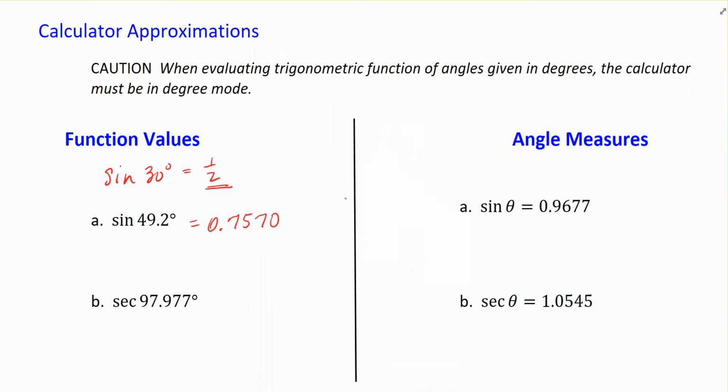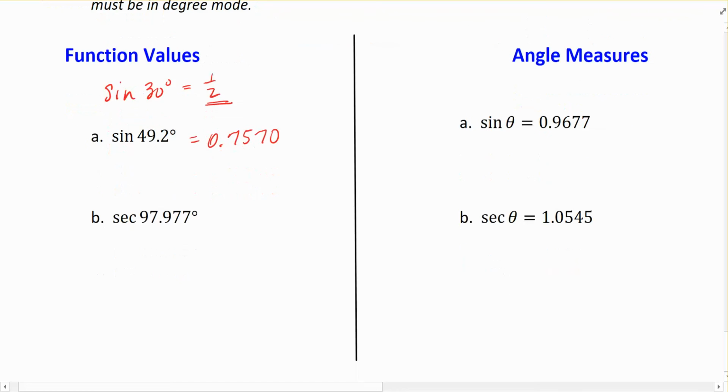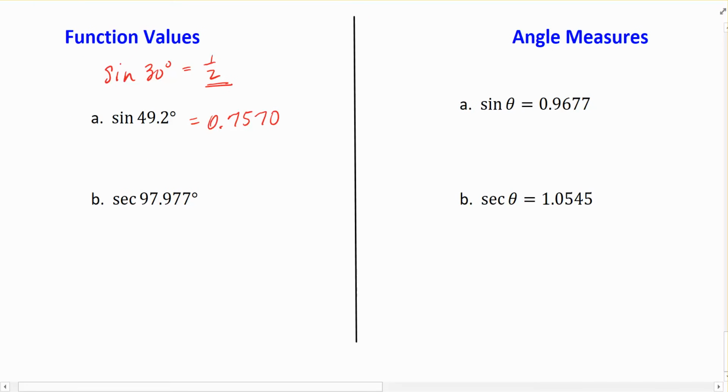Well, this is where we're going to use our reciprocal identities that we've been talking about. So we know that secant and cosine are reciprocals of each other, right? We have an identity that says that the secant of theta is equal to 1 over the cosine of theta.